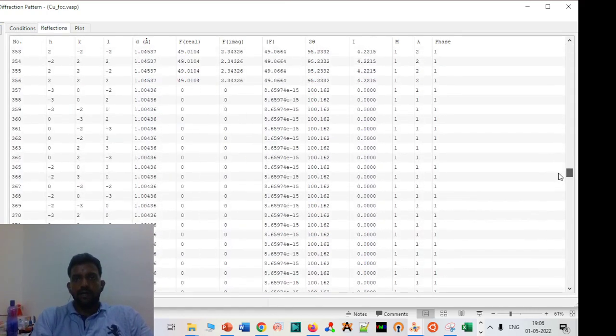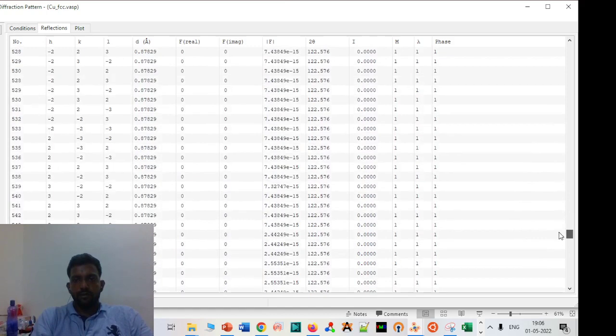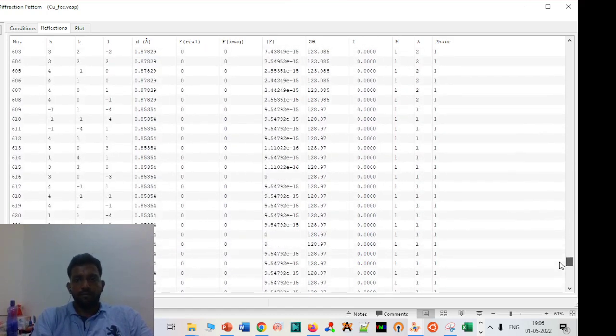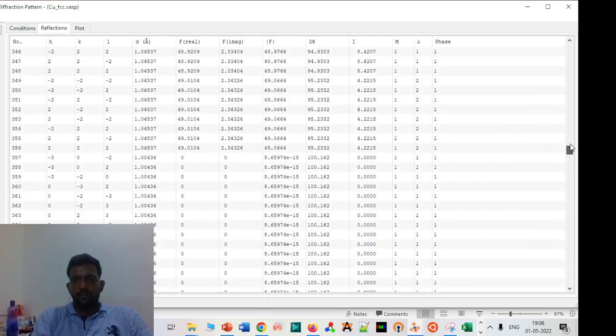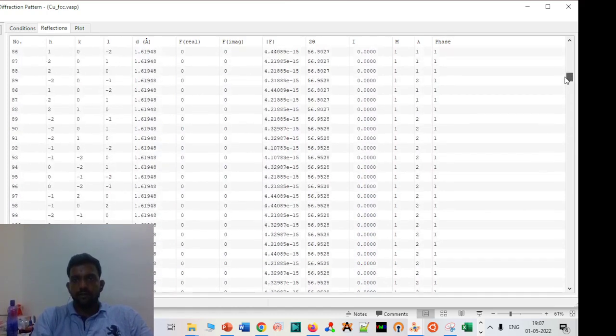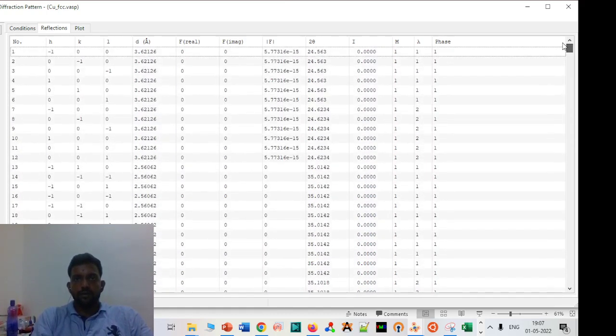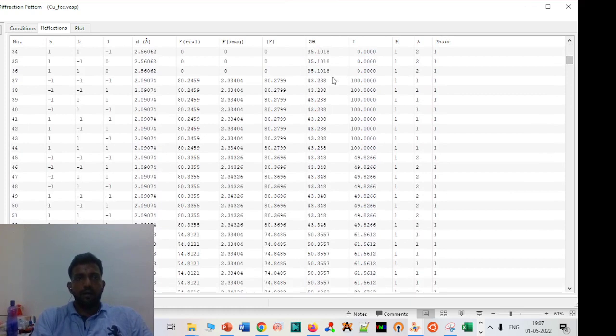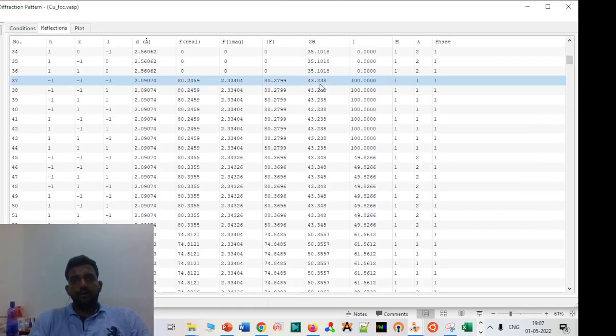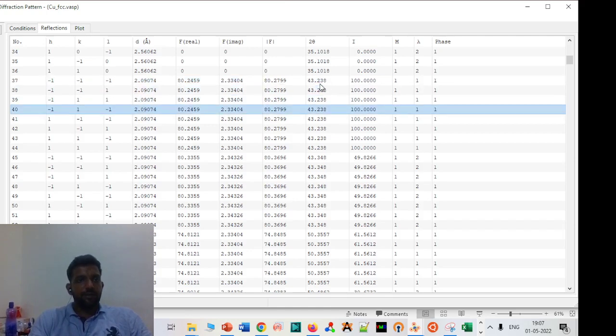Yes, so intensity we will see. There are small intensities, but where it is 100 we want to see. If there is some 100 intensity, it should be there. Yeah, that's it. We have some good intensity here.